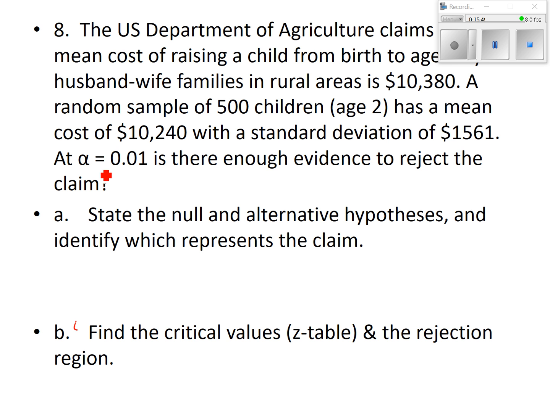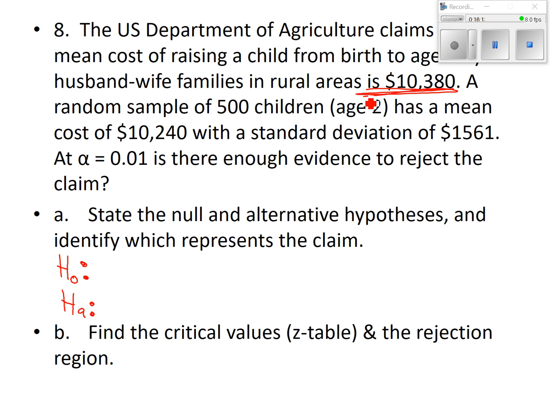So all the information's right there. I'm not gonna write it all down again. A lot of times I'll write the information right in this area, just so I don't have to keep looking back up at the problem. Our H0 and our HA. What did they tell us this time?